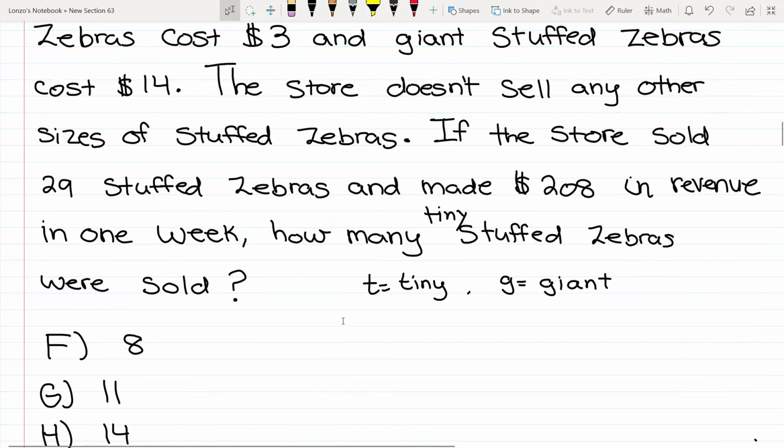Okay, so we know that it costs $3 for tiny ones, right? So it costs $3 for tiny, and it costs $14 for giant.